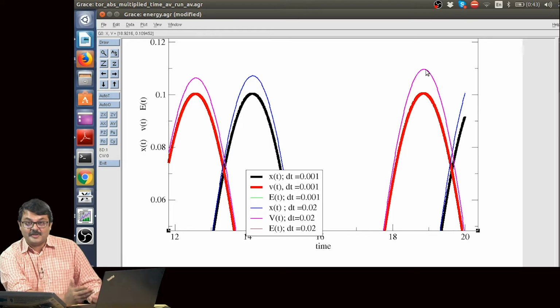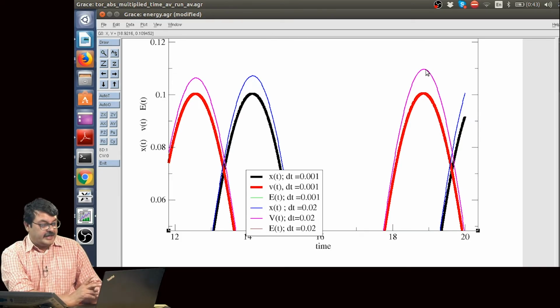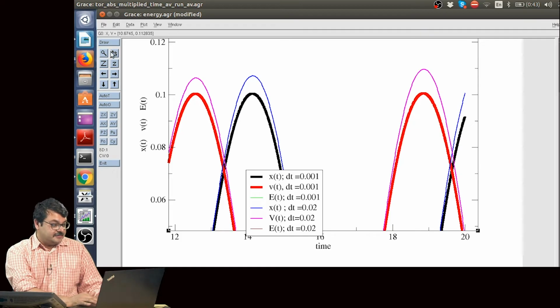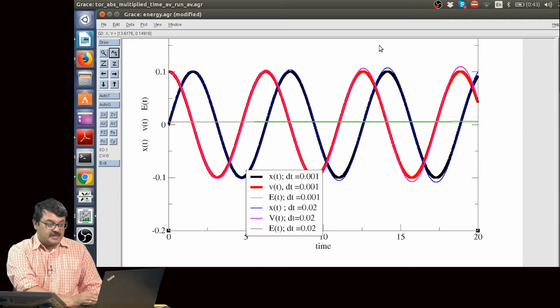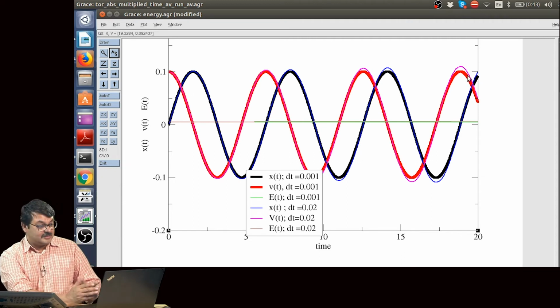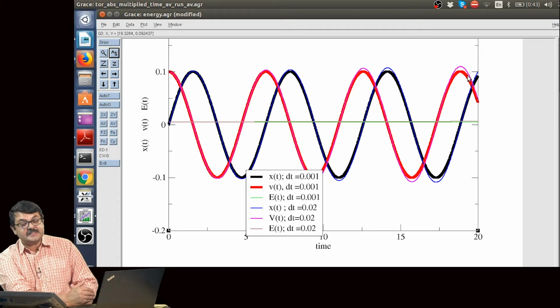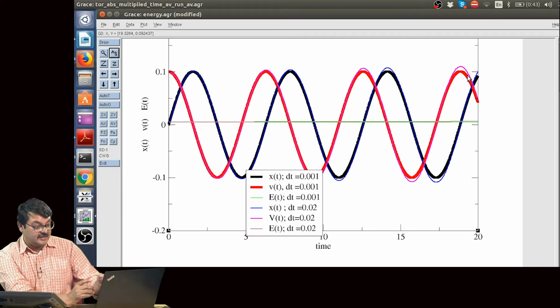So, obviously the integration is not being performed in a good enough way, though it is difficult to see at longer times. At initial times they fall on top of each other, but at longer times, just 3 or 4 oscillations, and you see deviations, and the integration is not being done accurately for higher values of h.